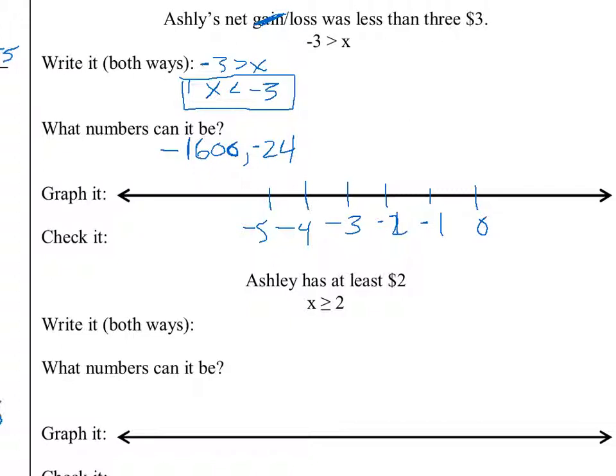Kevin. -4. What else? Ian. -3.1. And we could go on and on. We could list these numbers again into infinity, and we would never write the complete solution to this particular inequality, because we can't. So one way we can visually represent it is with a graph of the inequality.